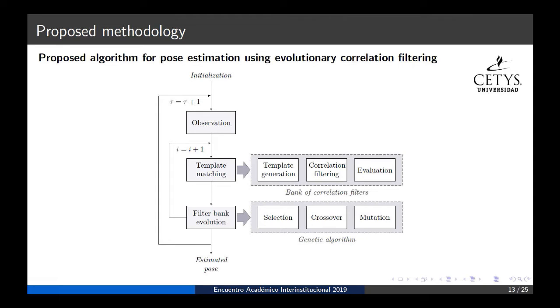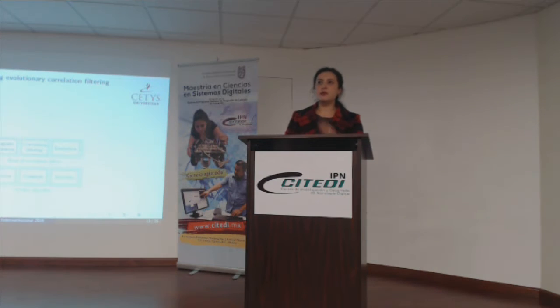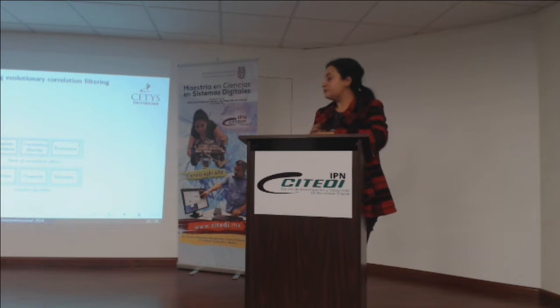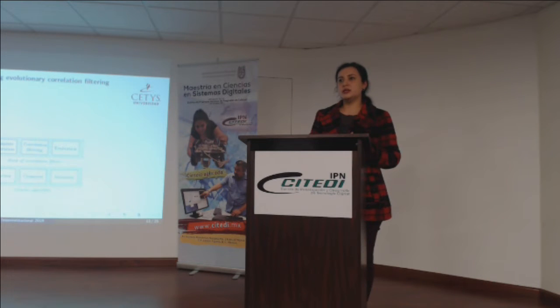The second step is template matching. This template matching is given by three steps: template generation, correlation filtering, and evaluation, and finally a filter bank evolution given by the genetic algorithm.